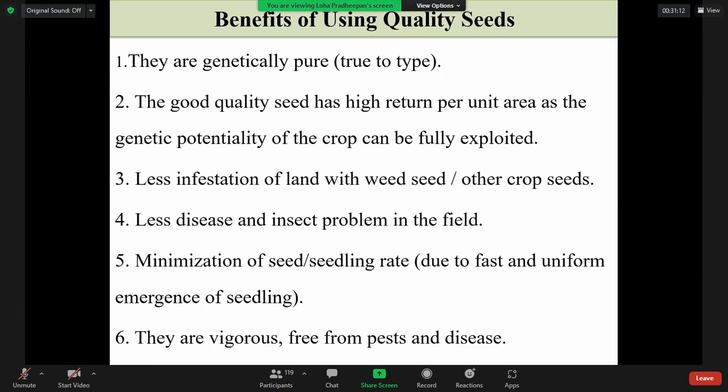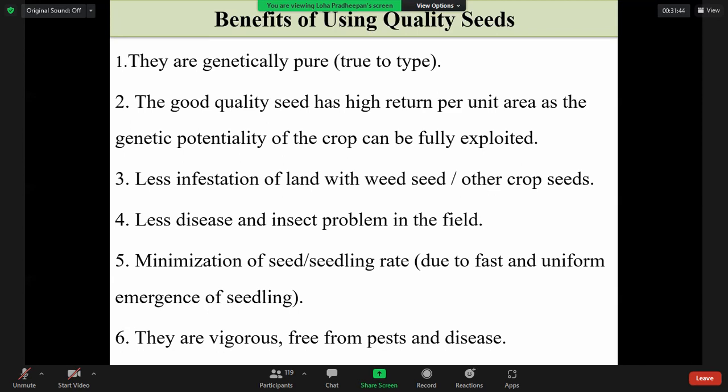Among that, how much weight of pure seeds is available. Among the taken weight, how much pure seed is available, and if we convert to 100, we can calculate the physical purity. The genetic purity is influenced by the genes.